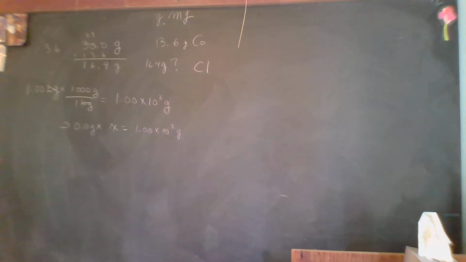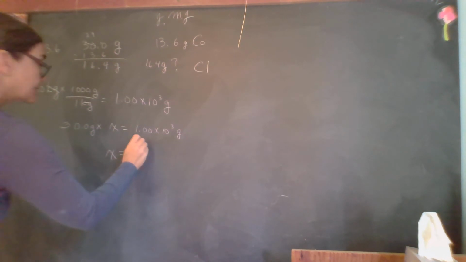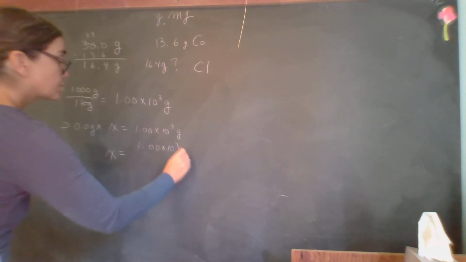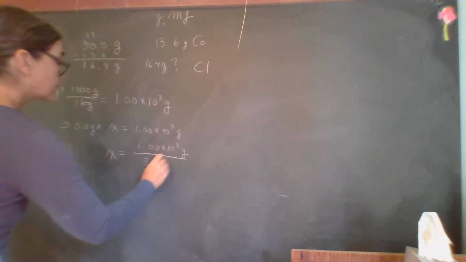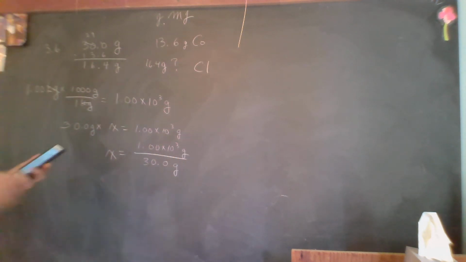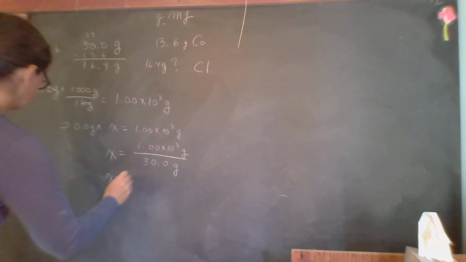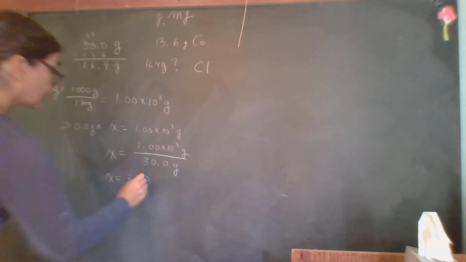In order to find x, I need to divide 1,000 by 30. Okay, so we get a conversion factor of 33.3.